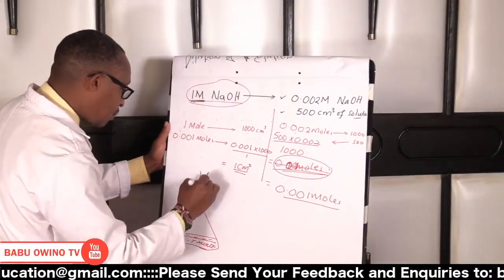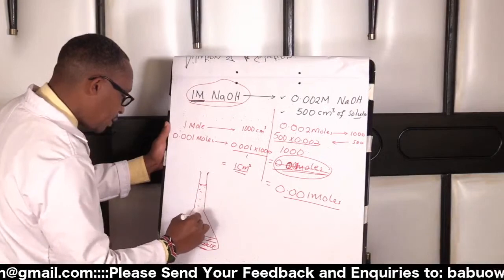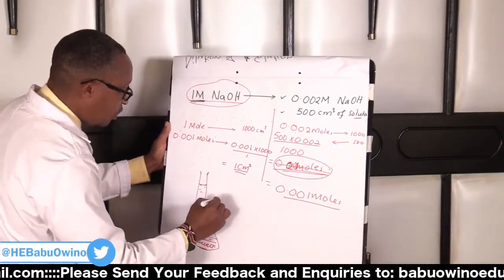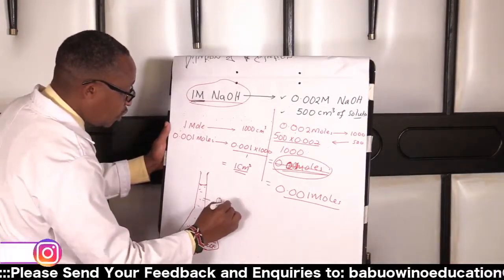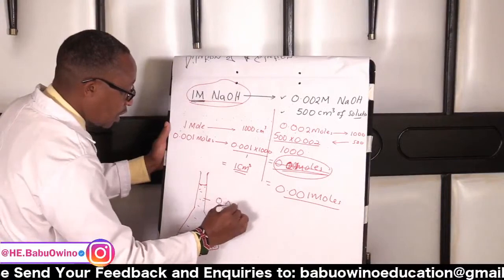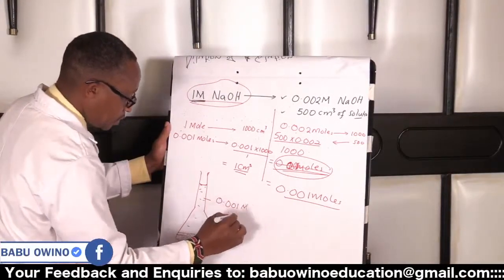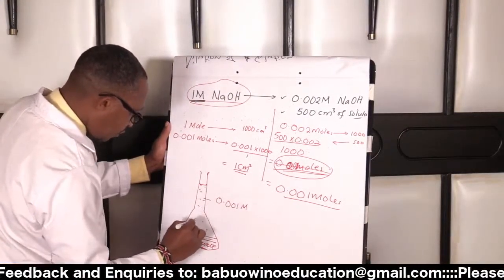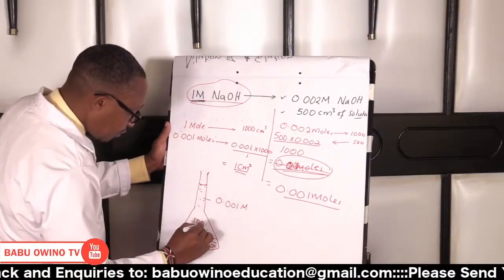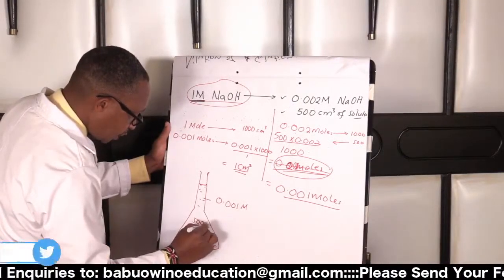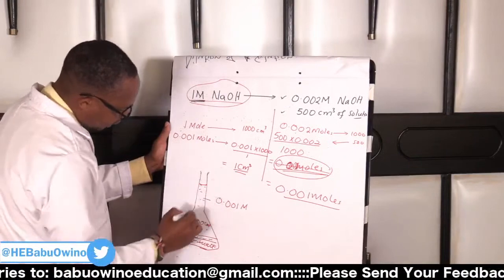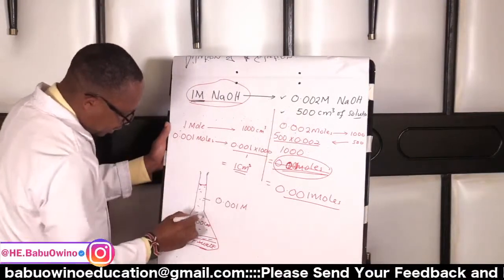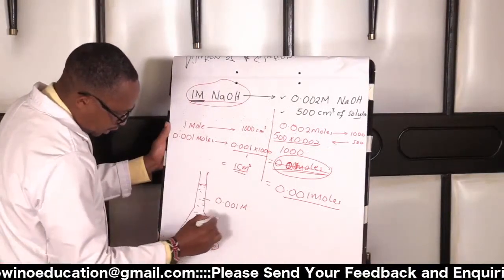Then I top up to here. Then this is going to be 0.001. No, not that, this is 500 centimeters cubed. I take this kind of flask, and I add water.